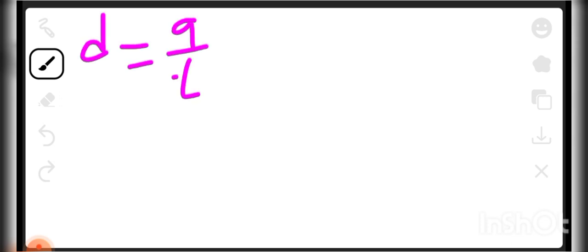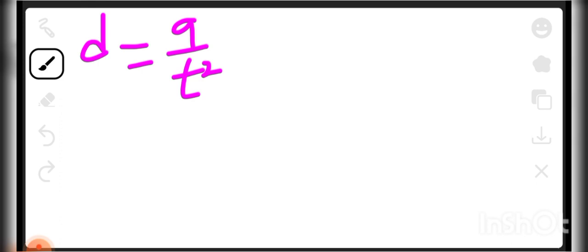All right, now let's look at this question. The distance moved by a body is given by the equation d is equal to a over t square, where d is distance, a is acceleration, and t is time.